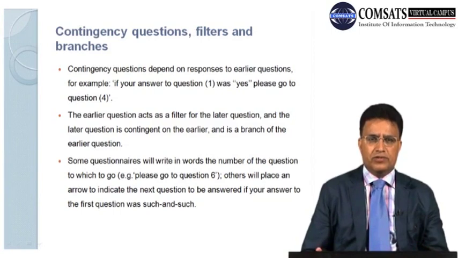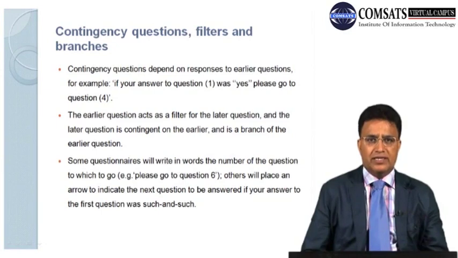So you will come across these types of questions. When you say yes to one, you are directed to go to number 10 or number 6. So the earlier question acts as a filter for the later question, and the later question is contingent or based on the earlier and is a branch of the earlier question.